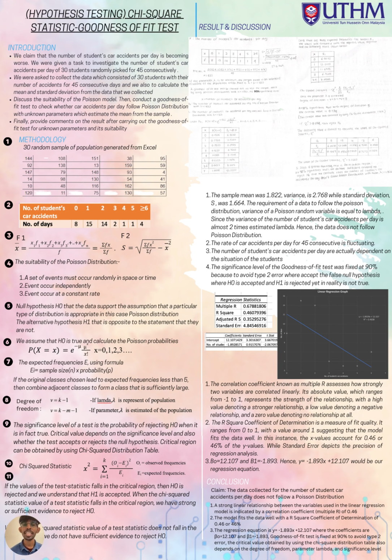Next, I move to the simple linear regression method, which I generated using Excel. A simple linear regression is a statistical technique used to find the relationship between variables and predict future values. As we can see in the regression statistics, the correlation coefficient, known as multiple R, shows how strongly two variables are linearly correlated. Its absolute value ranges from 0 to 1.